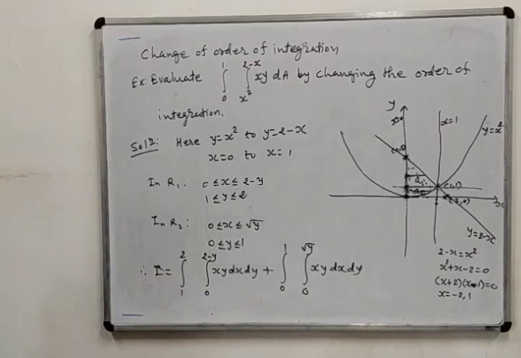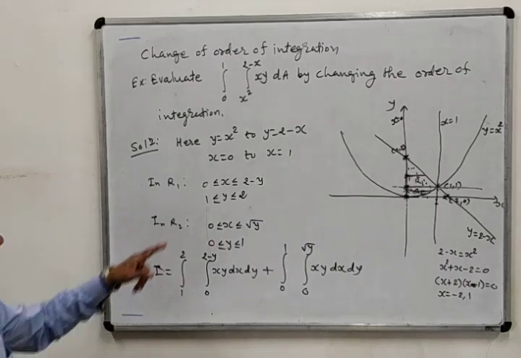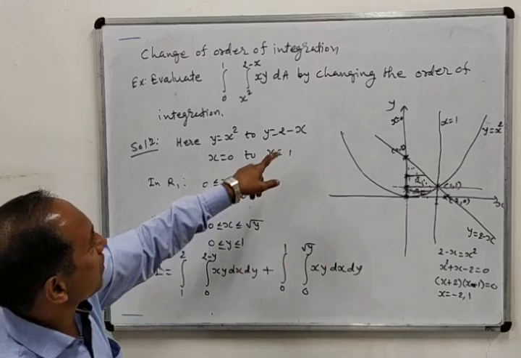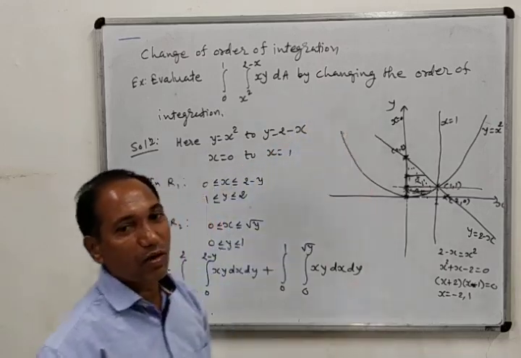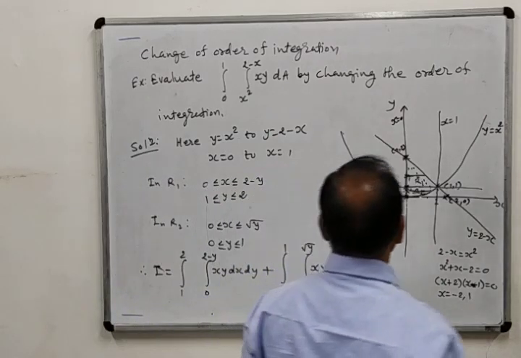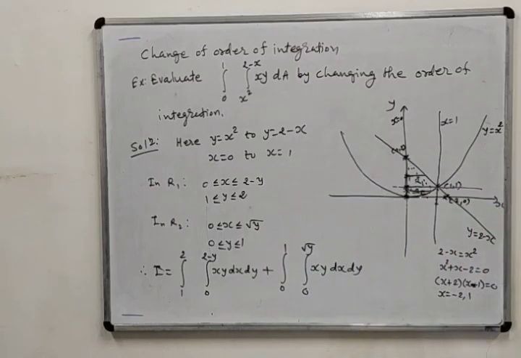However, the original problem was simple. We will have to follow this process because here it is asked to change the order of integration, and we must follow this. Okay. So after doing this part, the integration part is very easy. You can do it very simply.